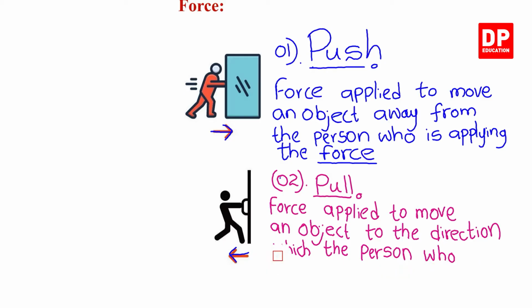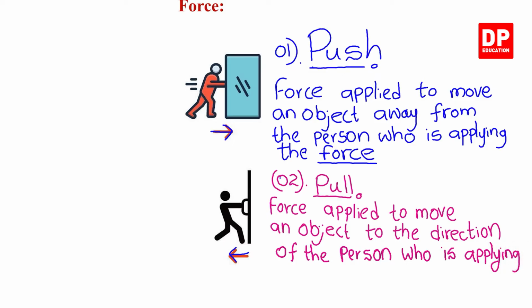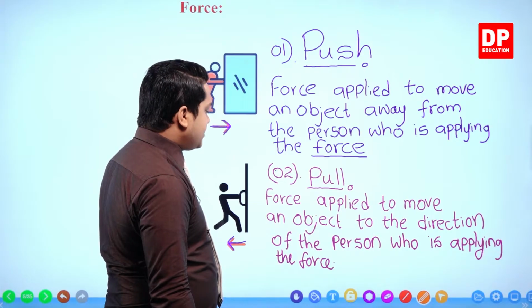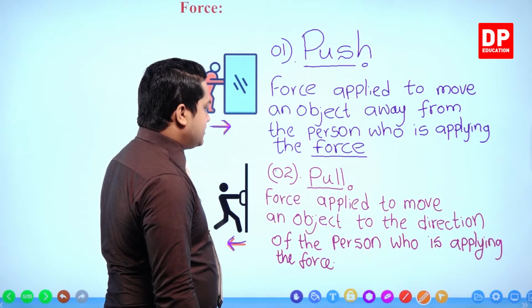Force applied to move an object to the direction of the person who is applying the force, right?